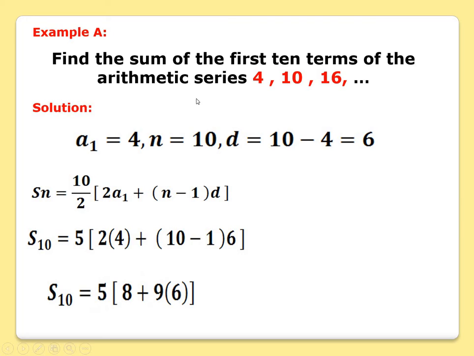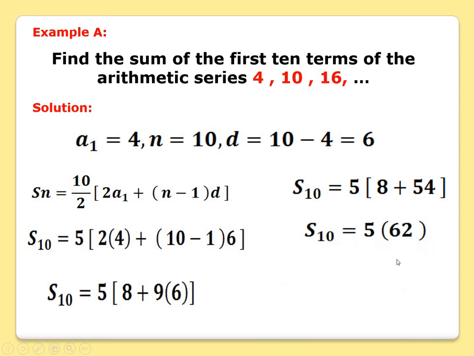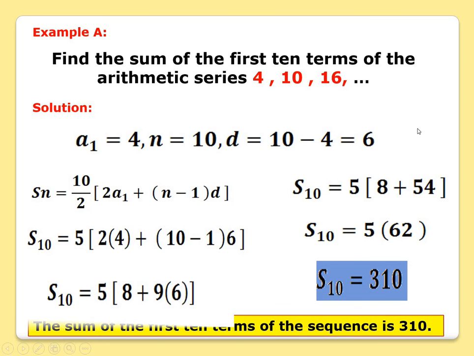To simplify further, S sub 10 is equal to 5 times the quantity 8 plus 9 times 6. 9 times 6 is 54, plus 8, times 5, so we have 310. So, conclusion, the sum of the first 10 terms of the arithmetic sequence 4, 10, 16 is 310.